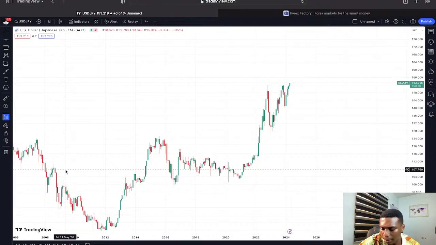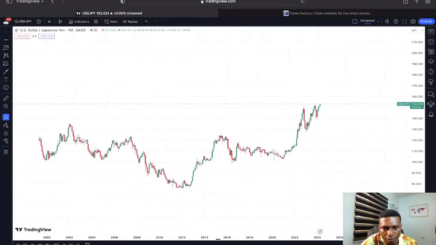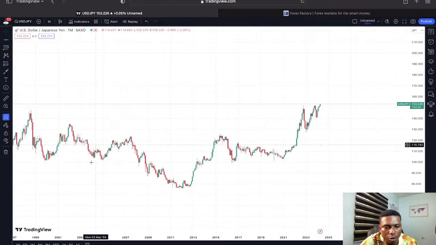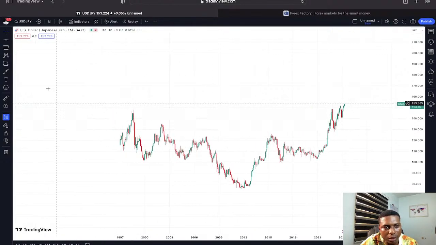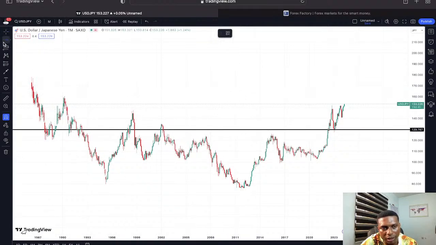Now when you look at USD JPY, let's map out certain levels of support and resistance.